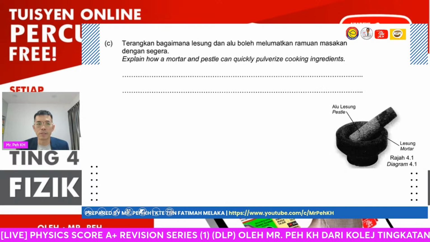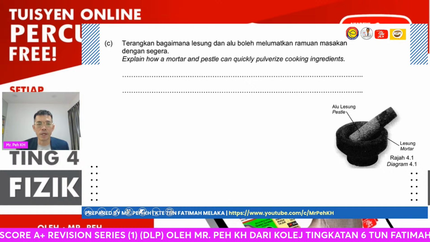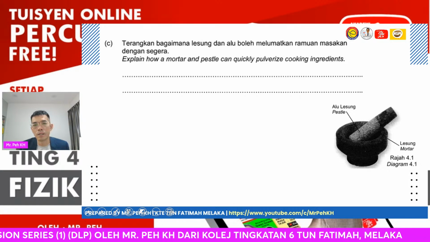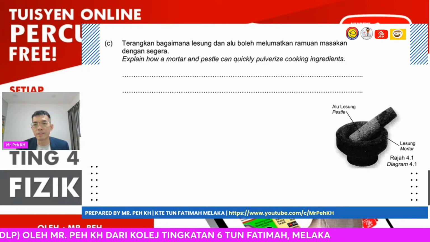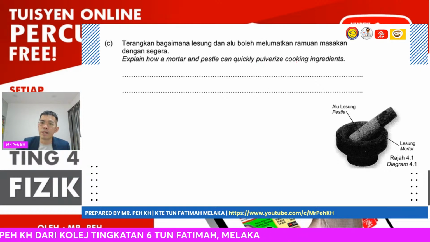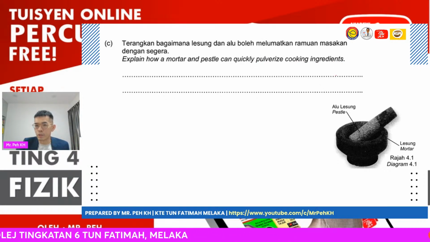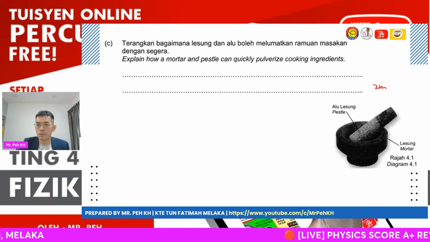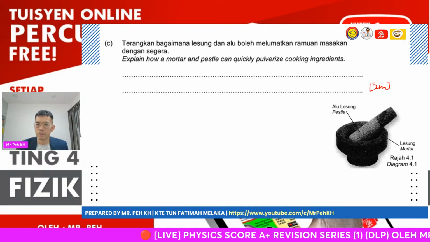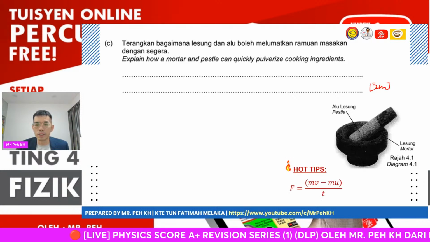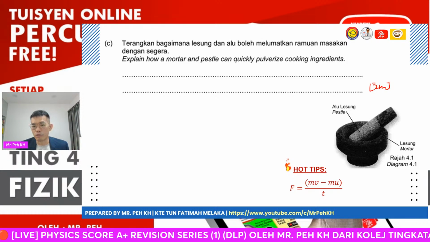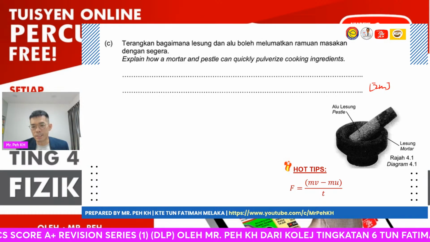The next one, C: explain how the mortar and pestle can quickly pulverize the cooking ingredients. Here it is 2 marks, so you have to give a minimum of 2 points. Again you have to use this formula to discuss the answer.